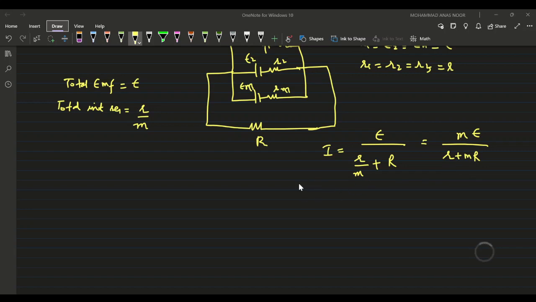Now here again we'll have two cases. So if this R is less than R by M, okay, I mean first case is if R is less than this thing, because these both expressions are the same, right?